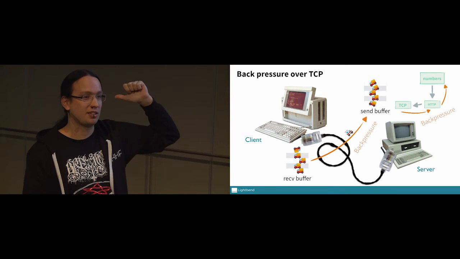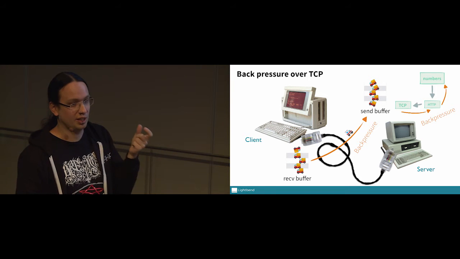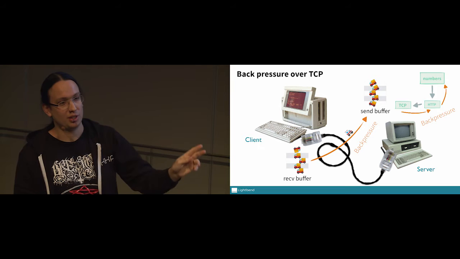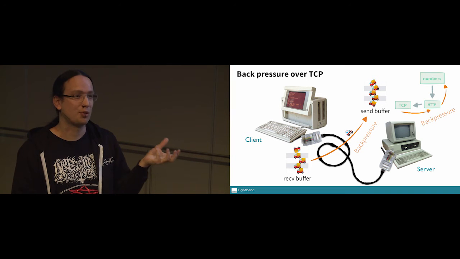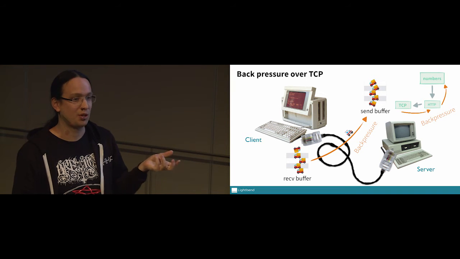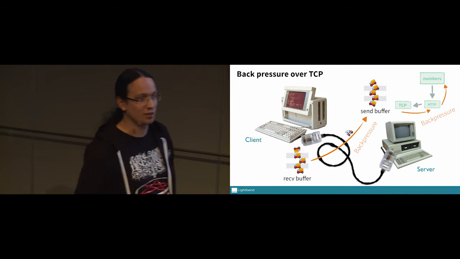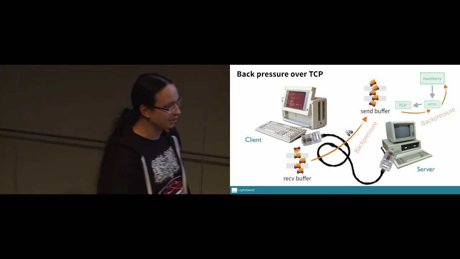So if the far end can only receive 1 number per minute, this will back pressure all the way over the network into the server and make our numbers source not generate more numbers than 1 per minute. Right? Without us having to do basically anything about this kind of low-level stuff. It's just magic. Really cool.